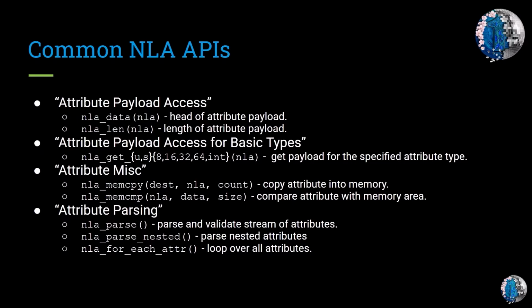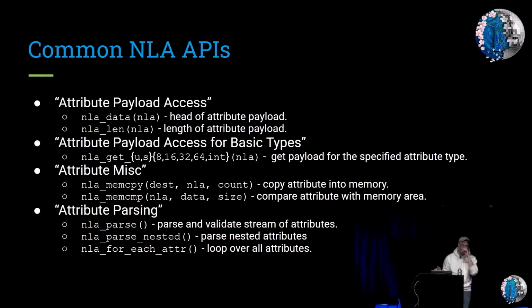You have a bunch of accessor APIs, right? So if you send in an NLA buffer and you said, hey, this type is going to be a u32 because I'm going to use it as a flag or an index somewhere, then you would call nla_get_u32, pass in the buffer, and then it would output the u32 that should be in your data. Caveat here is that these functions don't really validate the data, right?